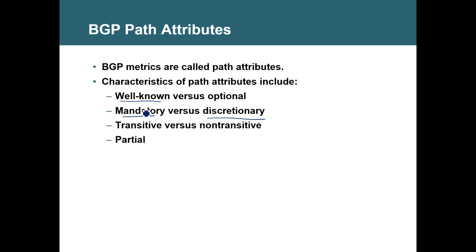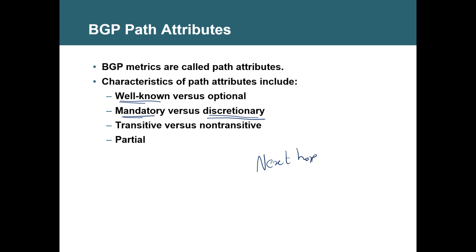Any device that runs BGP will have a set of attributes. They are called well-known attributes. But not all well-known attributes are mandatory. Those that are not mandatory are called discretionary. Well-known mandatory example: next hop.